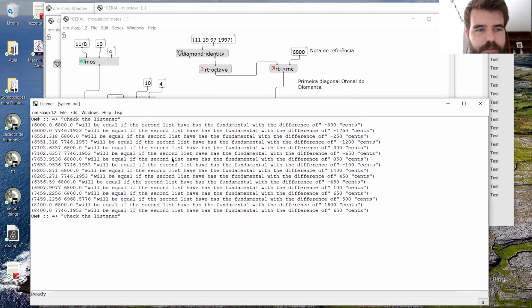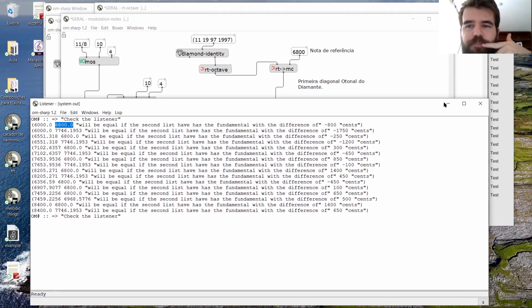a lot of messages. This is the note of the first tuning system, and this is the note of the second tuning system. It will claim that the notes will be equal if you change this fundamental by decreasing 800. Do you understand?